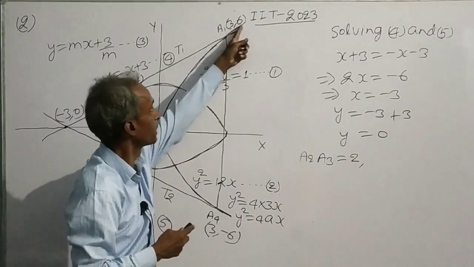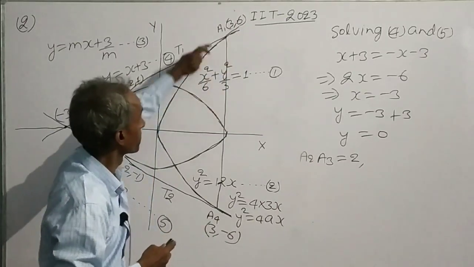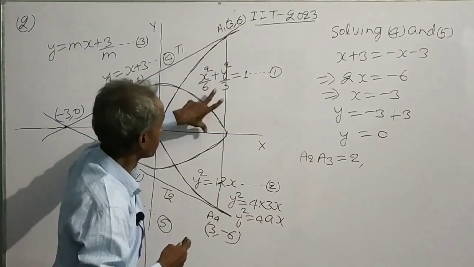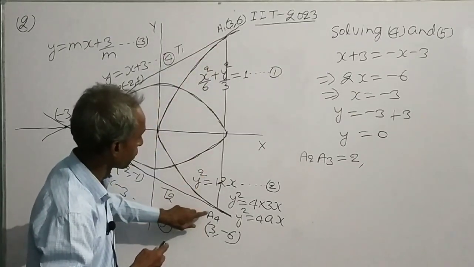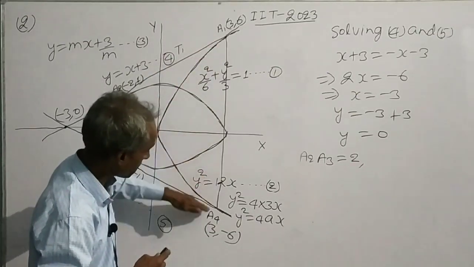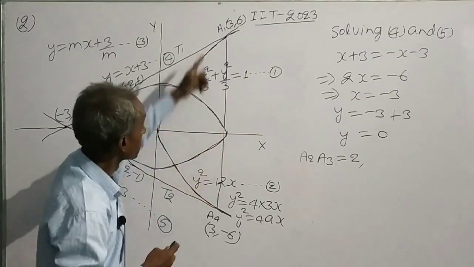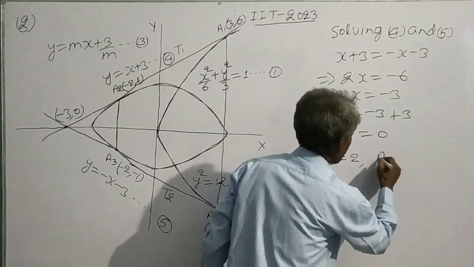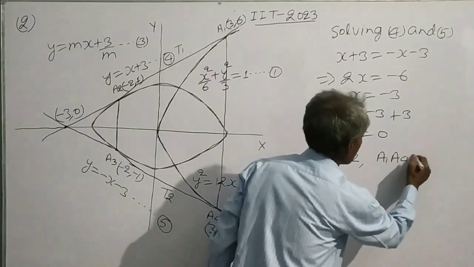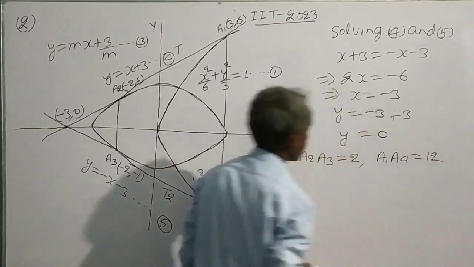The y coordinate of A1 is 6, that means A1 is 6 units above the x-axis, and similarly A4 is 6 units below the x-axis. Therefore A1 A4 will be 12 units.